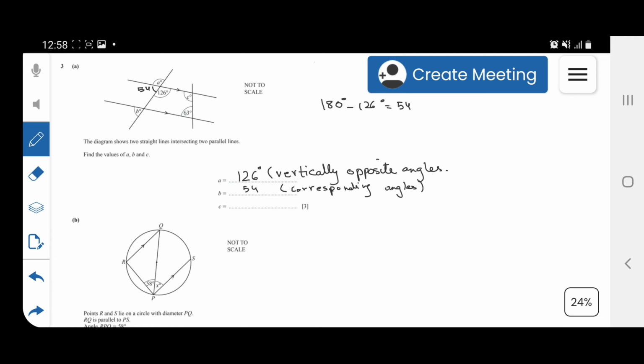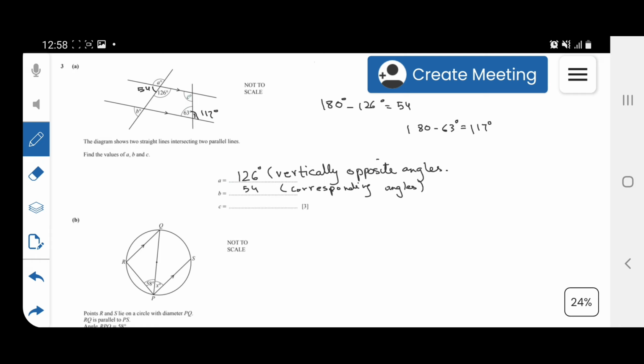We again know that this 63 is drawn on a straight line. So if we subtract 63 from 180 degrees, we can find the other side of the angle. 180 degrees minus 63 degrees equals 117 degrees. So this part will be 117 degrees.